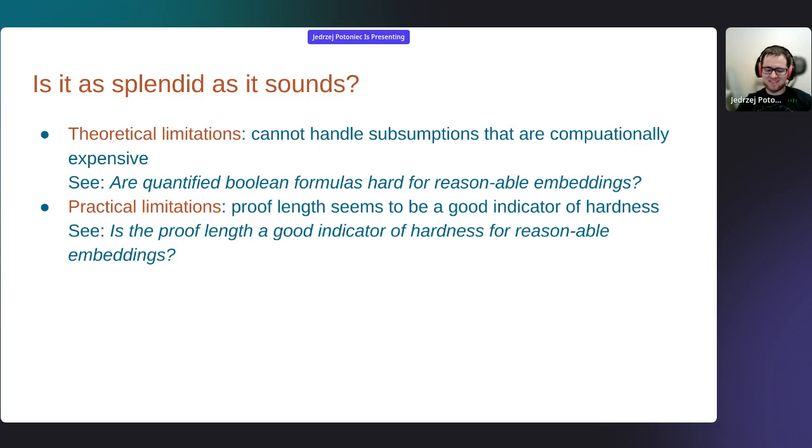And it seems that it also cannot handle very complex expressions, that is, expressions that require long proofs.